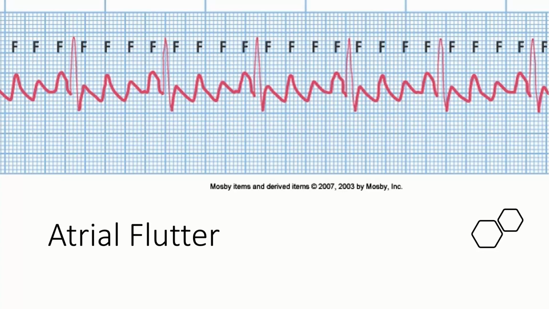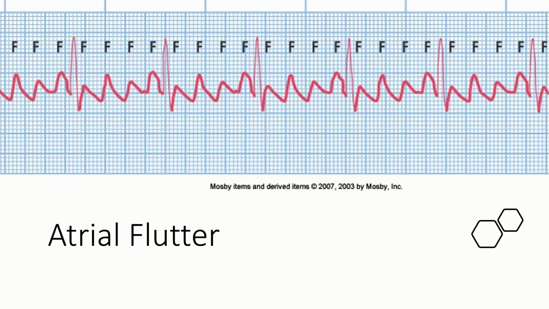So you're going to count the number of complete QRSs. Here's 1, 2, 3, 4, 5, and then there's 6 because it comes back to baseline right there. So 6 times 10, that's 60. So my rate is 60 right here.